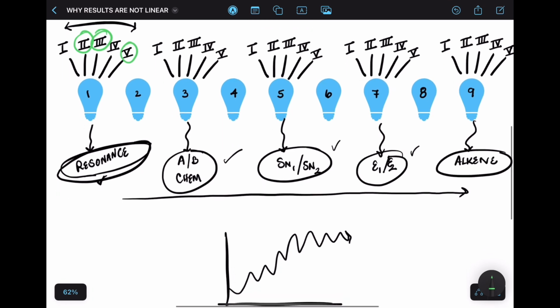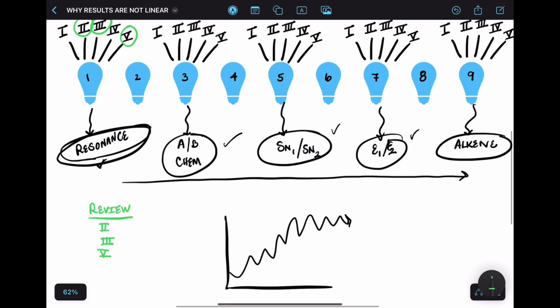And so as you go on, maybe you review. So let's say you start to review the problems that you've seen. You've reviewed 2, you've reviewed 3, you've reviewed 5, right? And so you're like, okay, I understand the concept, and now I understand each of these problems.